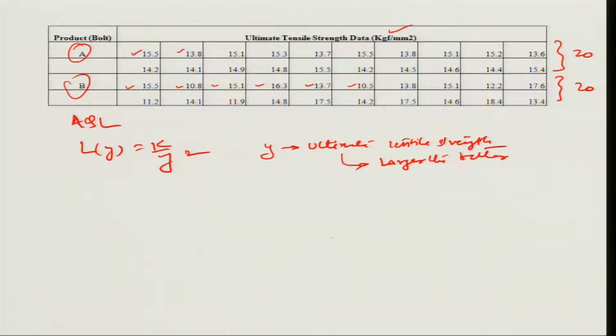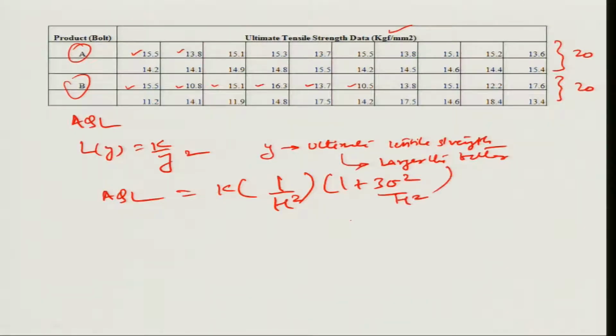We already know that the average quality loss in this case would be represented by (1/μ²) k (1 + 3σ²/μ²), where μ, if you may recall, was the process mean.